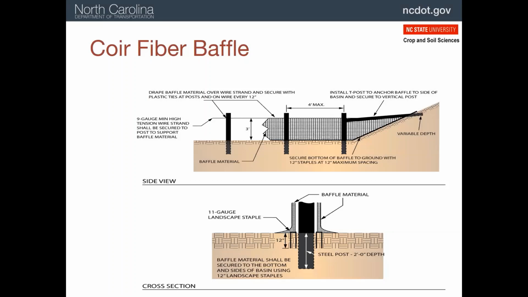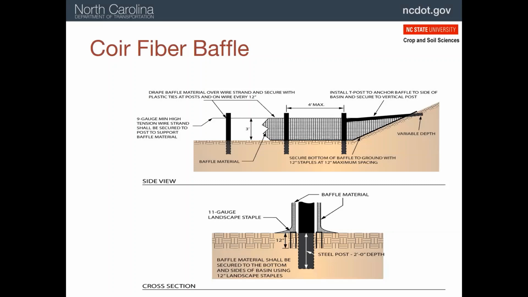So porous baffles are made up of a 700 gram per square meter coir blanket. And just a side note, most of the world is on metric. So when we import something, it's going to be metric sized often. So it comes in a 2 meter wide roll that comes out to about 6.5 feet for us.